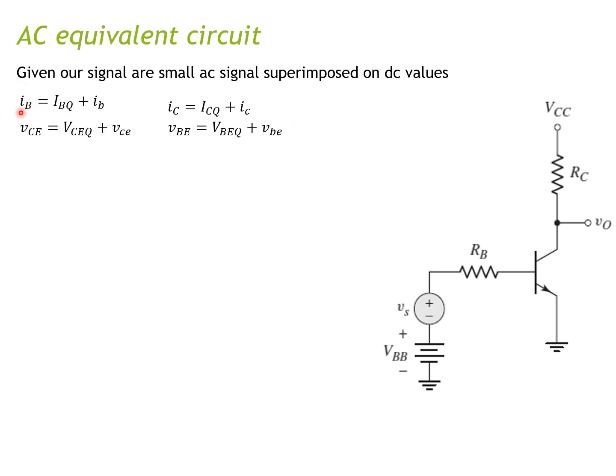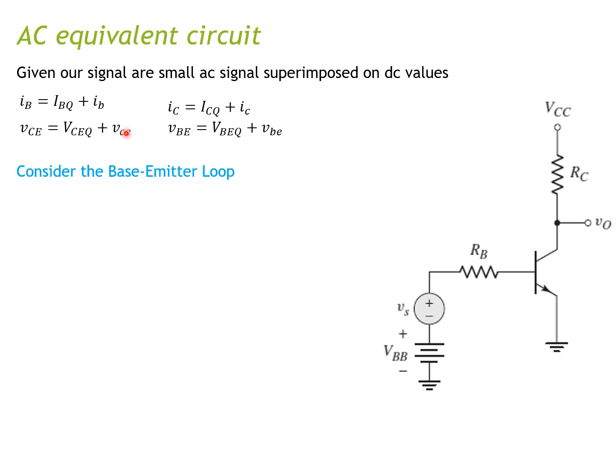Each of the currents and voltages, for example the base current, collector current, collector-emitter voltage, and base-emitter voltage, actually has two different components. One is the AC component and the other one is the DC component.